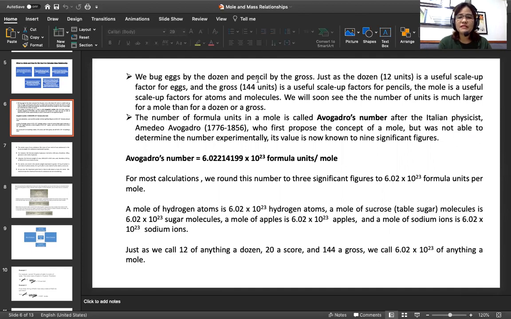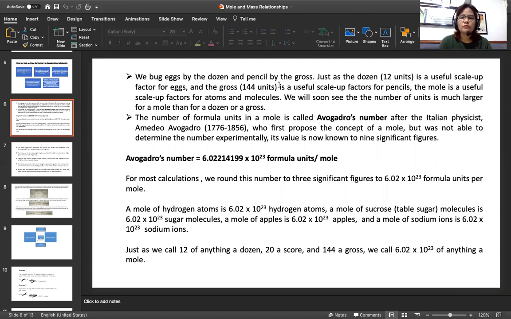Also, in terms of pencil, ginagamit yung salitang gross, no? Okay, dun sa mga motorcycles, yung mga steel na nasa mga tire nila, yung umiikot na kasama nung tire, ang tawag doon ay rayos, and it is bought by gross.